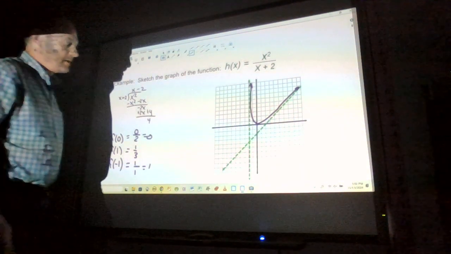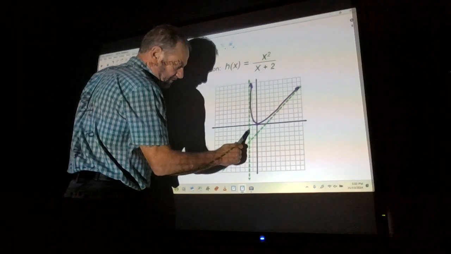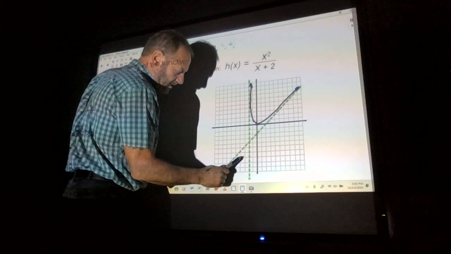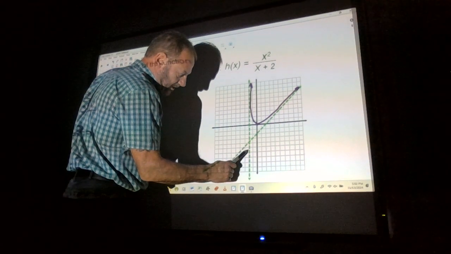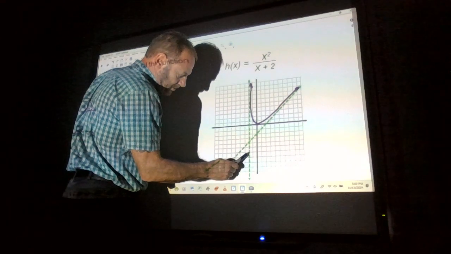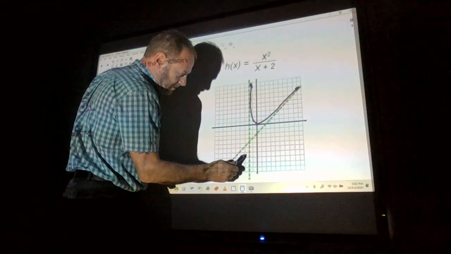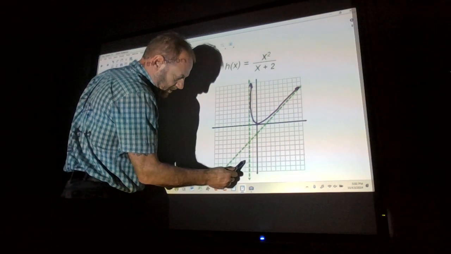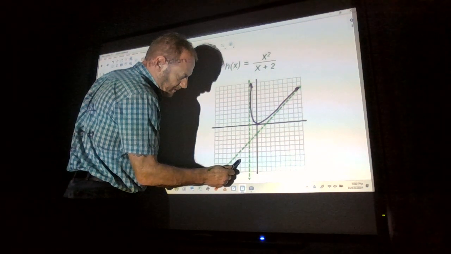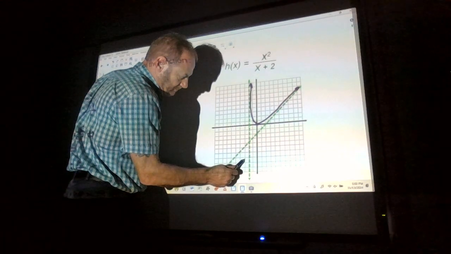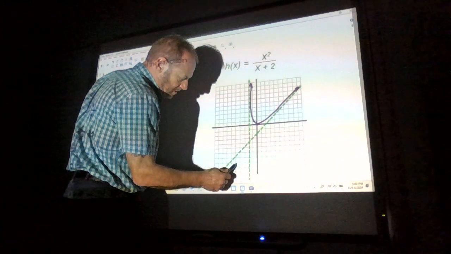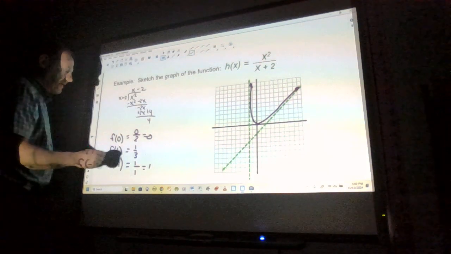Okay. Now, here's what I'm going to do. If I go from this vertical asymptote over 1, 2 points, I get this point right here. I want to go 2 over this direction. So what if I picked, this would be 1, 2, 3, 4. I'm going to choose -4 and see where that ends up.